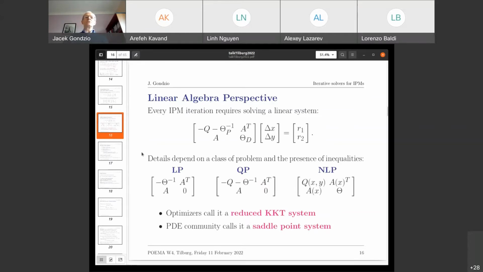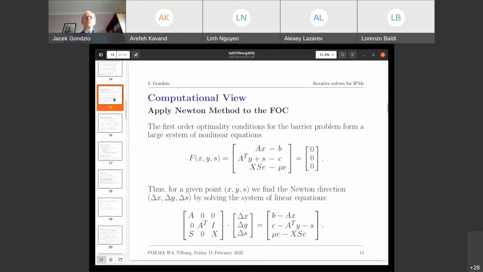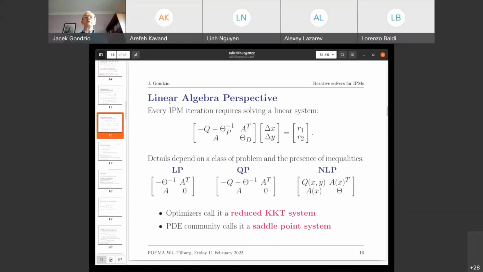In practice, we will reduce this system by eliminating delta S, and after this step is performed, we will obtain this augmented system version, which is a very typical linear equation solved in many areas of mathematics.